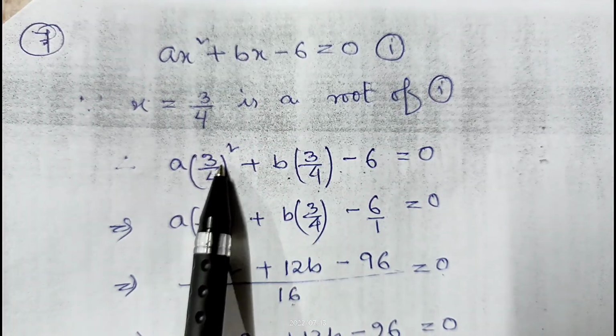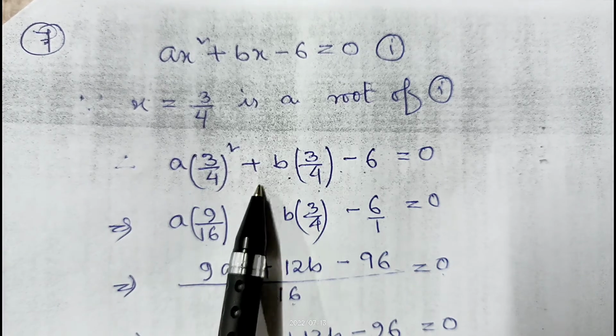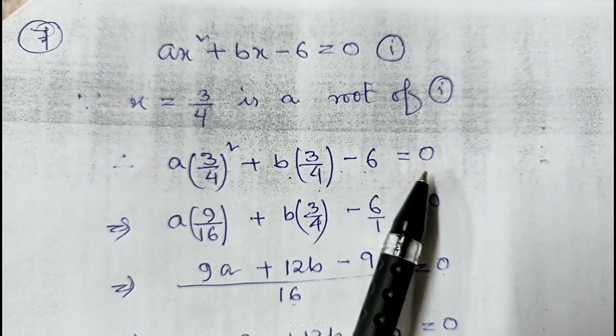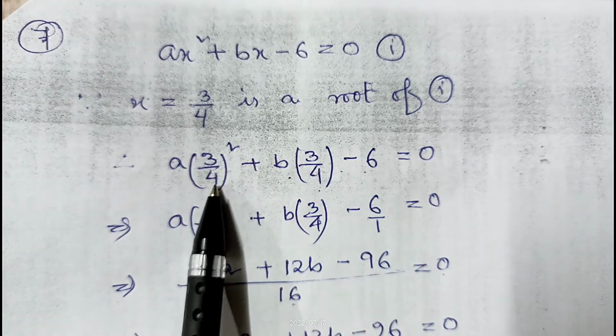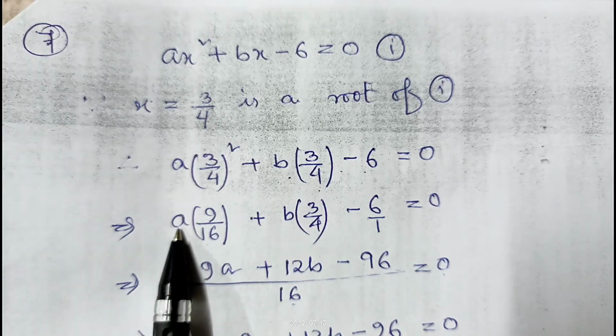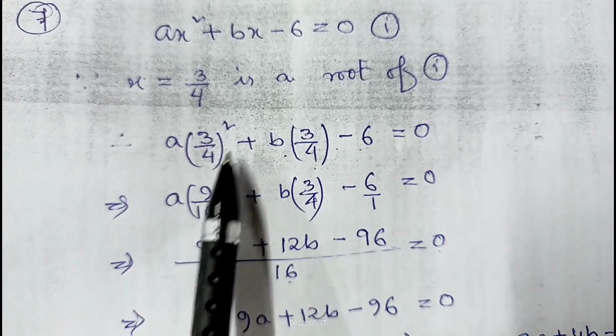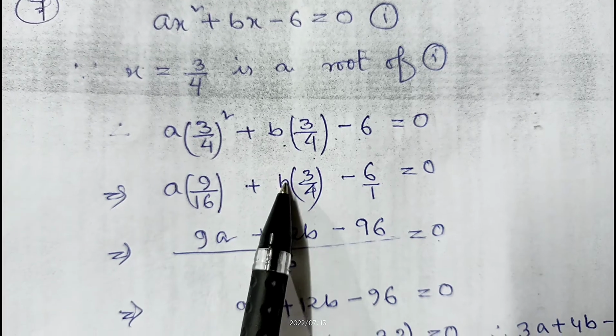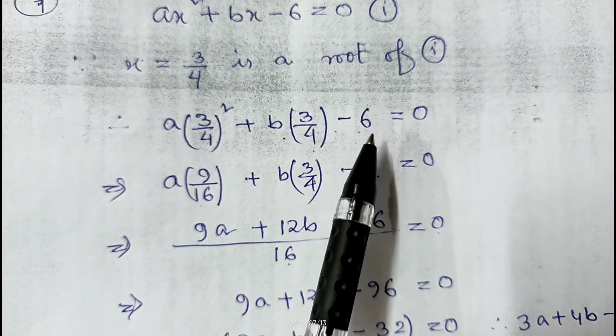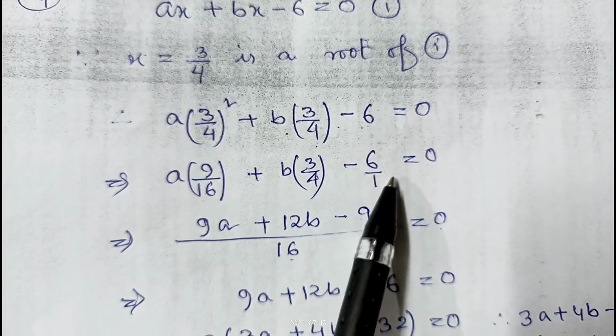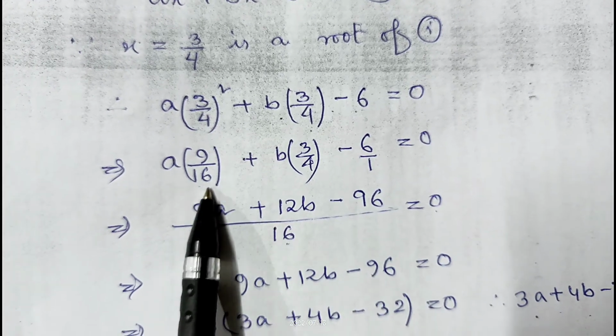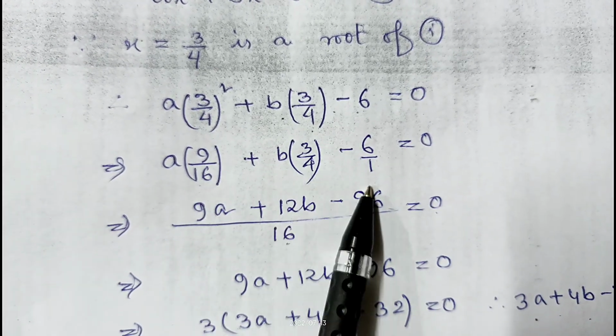It will be a (3 by 4) whole square plus b (3 by 4) minus 6 equals to 0. We have just replaced x by 3 by 4. So it will be a, 3 square is 9, 4 square is 16, plus b 3 by 4 minus 6, which can be written as 6 by 1, equals to 0. Now here it is 16, 4 and 1.